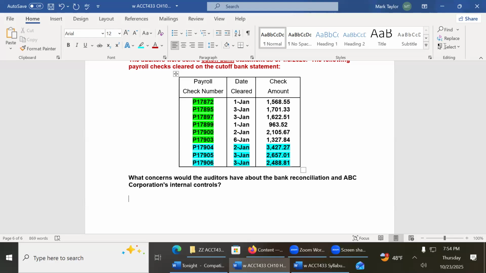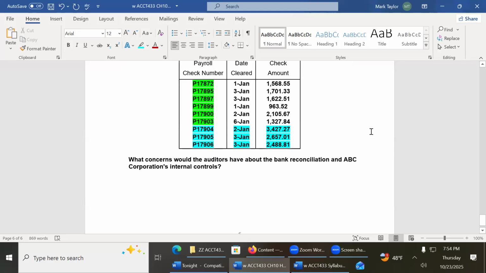Okay, so let's see. The problems are, one, checks that cleared the cutoff bank statement and were not on the outstanding check list.